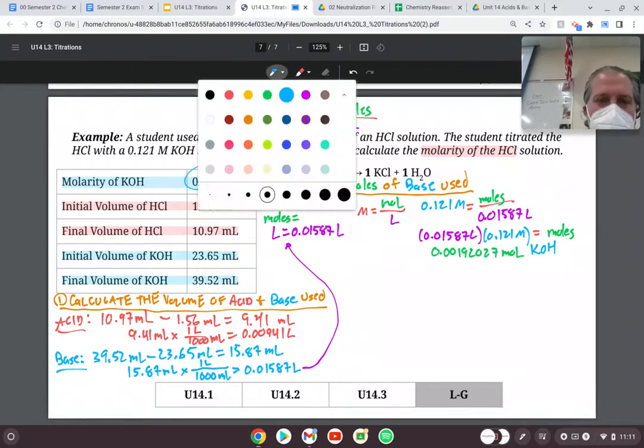The next thing that we have to do, just like we did yesterday, we found the moles of the base used, or the moles of the acid, whatever our starting point was. The second step here is we are going to be doing a mole conversion, right?